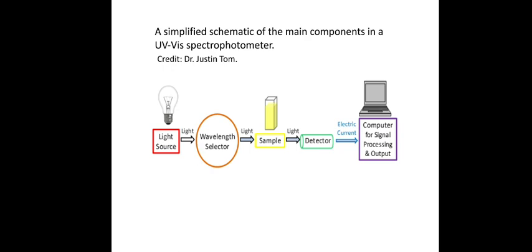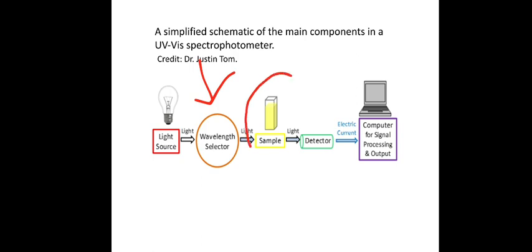Then you will have a wavelength selector, based on which you select the wavelength of light you want to check on, and that depends upon the color of your sample. You have to use a wavelength of light that has a compatible molar absorption coefficient, the epsilon. So the selection will depend upon the sample you are going to analyze.